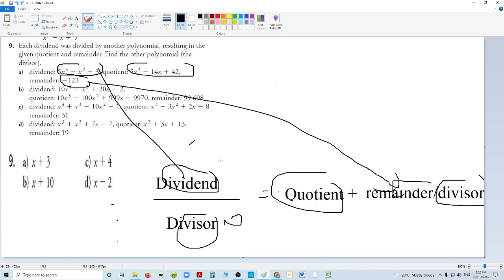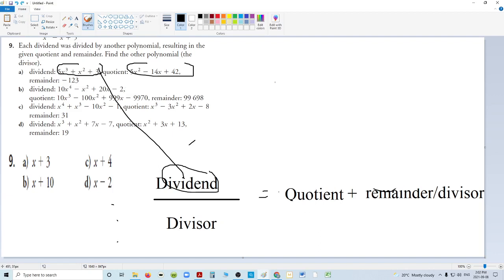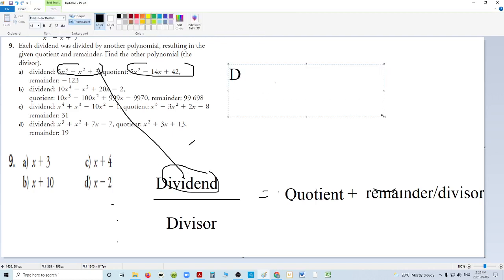So I'm going to replace the word dividend with a letter D, and it's being divided by our divisor. We're trying to figure out our divisor. And it's equal to the letter Q plus, in brackets, the remainder R divided by divisor.